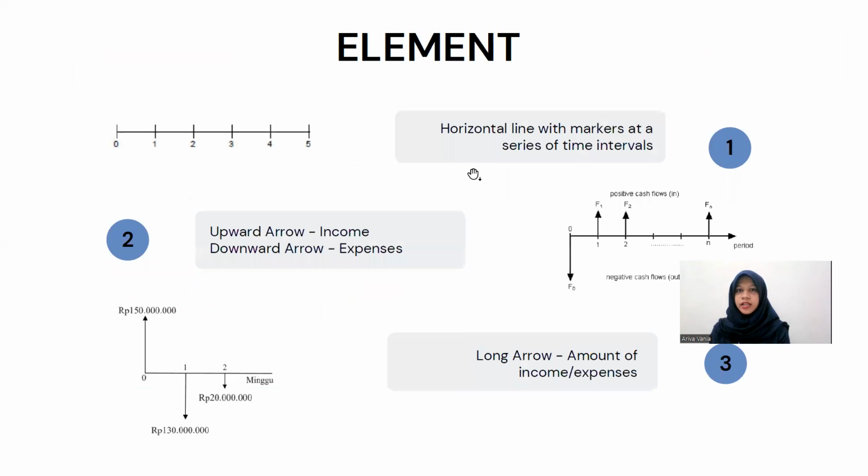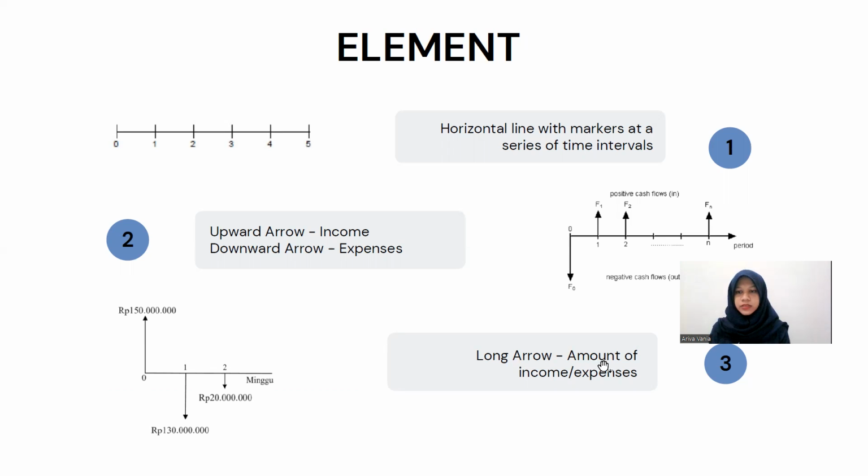Okay, there are elements found in the cash flow diagram. First, we have a horizontal line that represents the period, a series of time intervals. Next, we have an arrow that represents income or expenses, where an upward arrow represents income, and a downward arrow represents expenses.